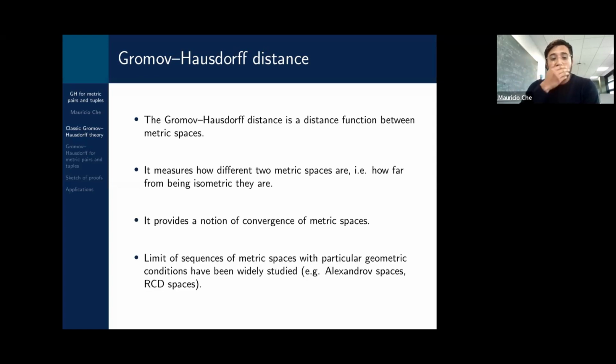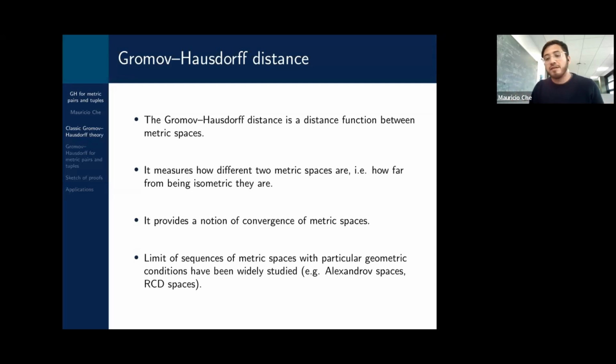This is particularly important, at least with respect to the main topic of the conference, which is Riemannian geometry, because limits of certain sequences of certain classes of metric spaces, in particular sequences of certain classes of Riemannian manifolds, have been widely studied because they turned out to have nice geometry.